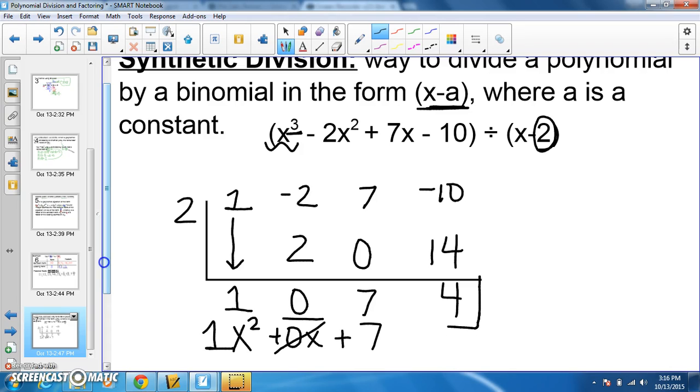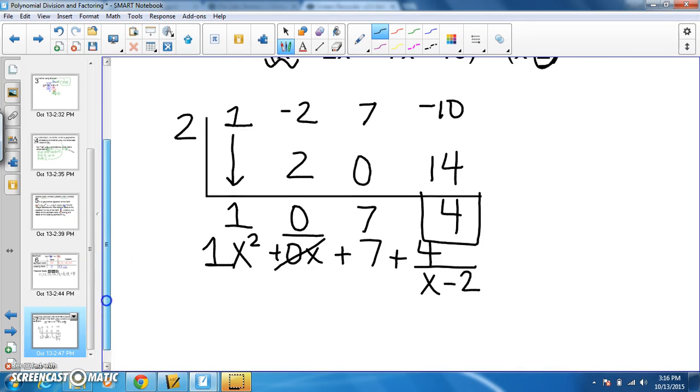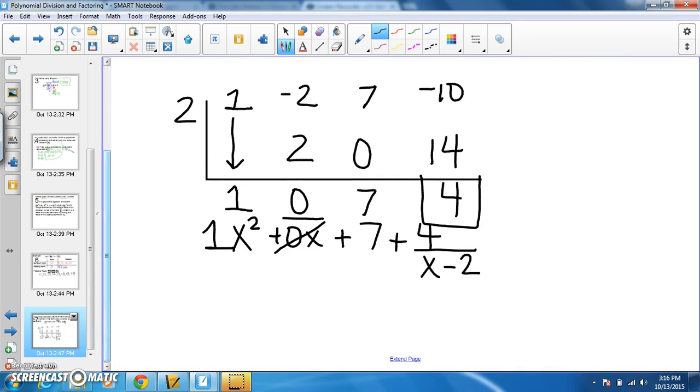And the number in the last column is your remainder. So that is plus 4 divided by x minus 2. So our quotient of this problem was x squared plus 7 plus 4 divided by x minus 2.